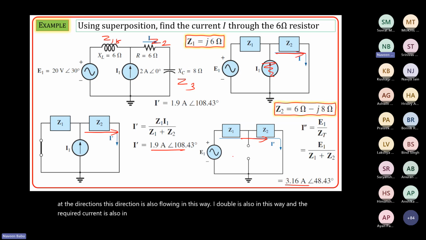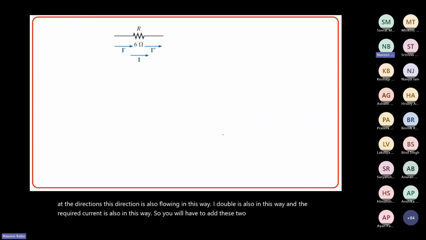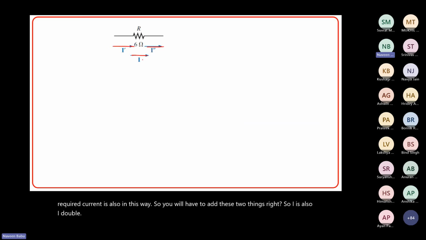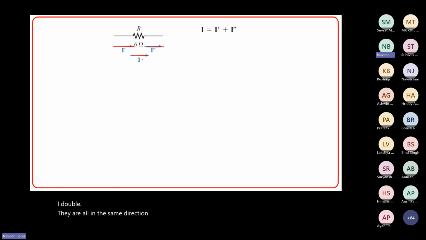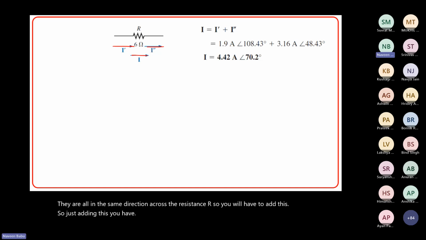So they are all in the same direction across the resistance R, and you will have to add these two. Just adding this, you have 4.42 angle 70.2 degrees. Okay, any doubt?